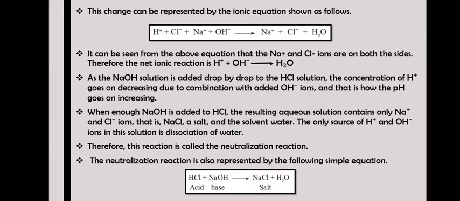Now, when enough NaOH is added to HCl, the resulting aqueous solution contains only Na+ and Cl- ions, that is NaCl, a salt, and the solvent water. The only source of H+ and OH- ions in this solution is dissociation of water. Therefore, this reaction is called a neutralization reaction.